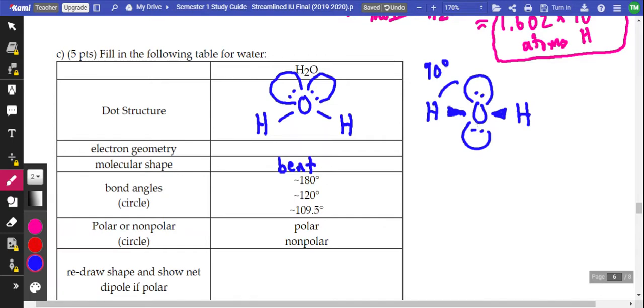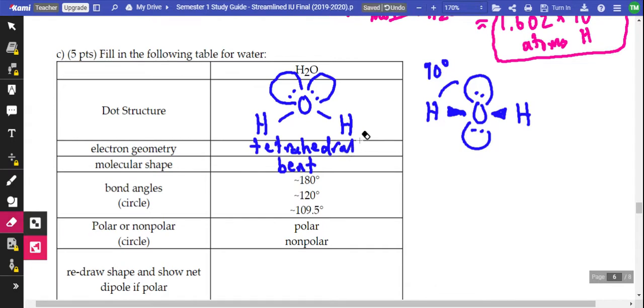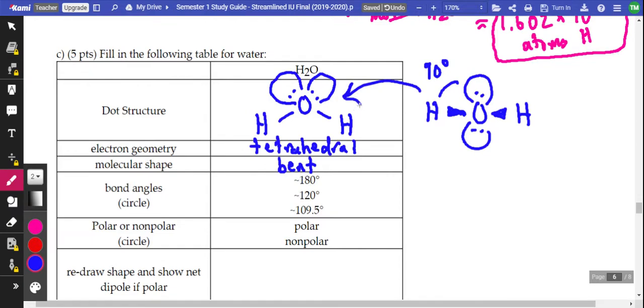So our electron geometry takes into account these 4 electron domains, 2 bonded atoms, 2 lone pairs of electrons. We call that tetrahedral for those 4 electron domains. If all 4 of those domains were bonded atoms, we would call the shape tetrahedral also, but we don't. All we see in terms of where the atoms wind up is this bent shape, which is how we get this picture of water that we know so well by now, hopefully.